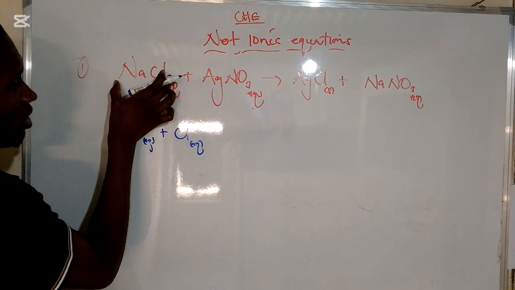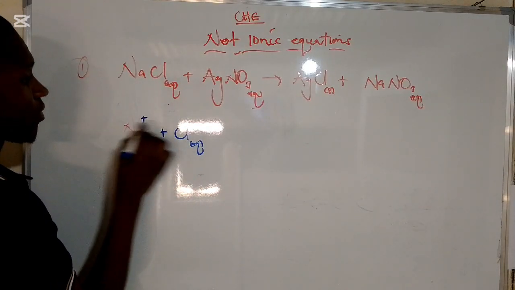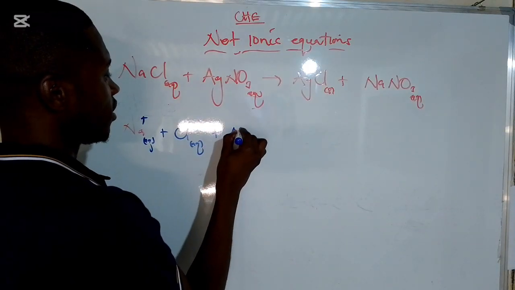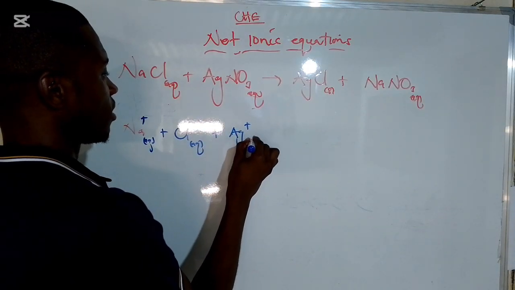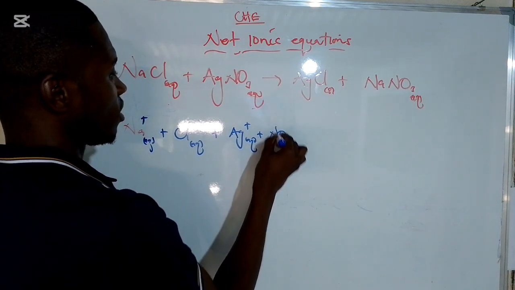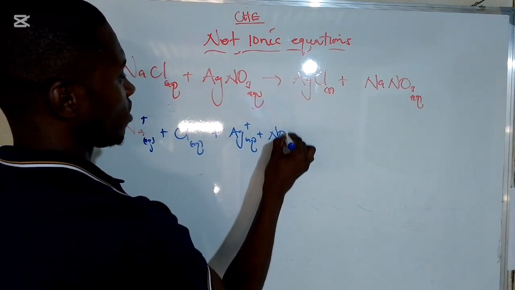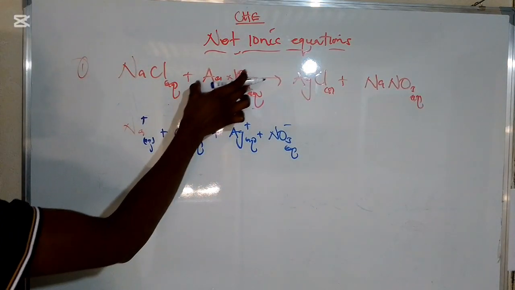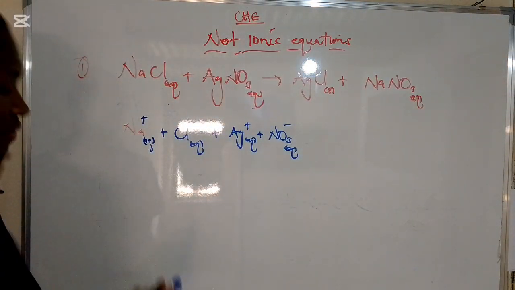So I'll split this into this. Then I have silver, which is a metal, so positive, aqueous. Then plus nitrate, which is a radical, negative, aqueous. So I've split this one and this one because they are found in aqueous.